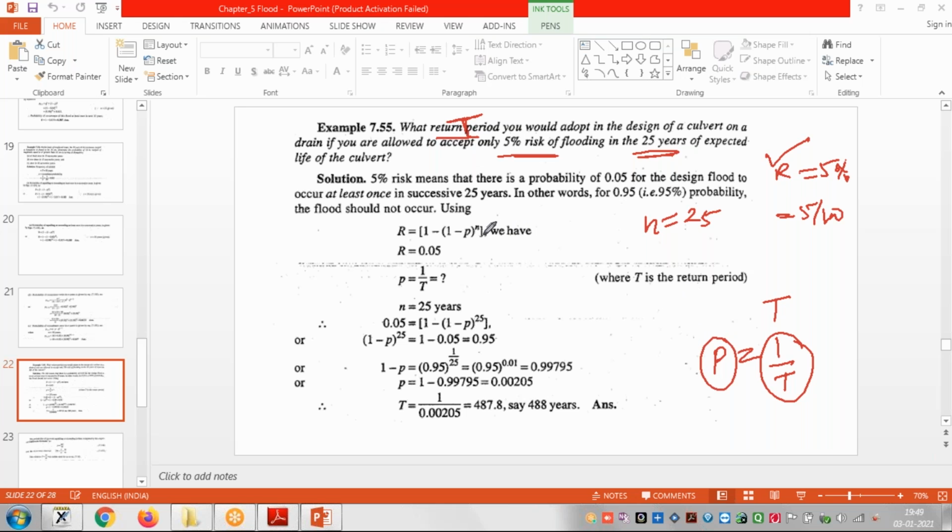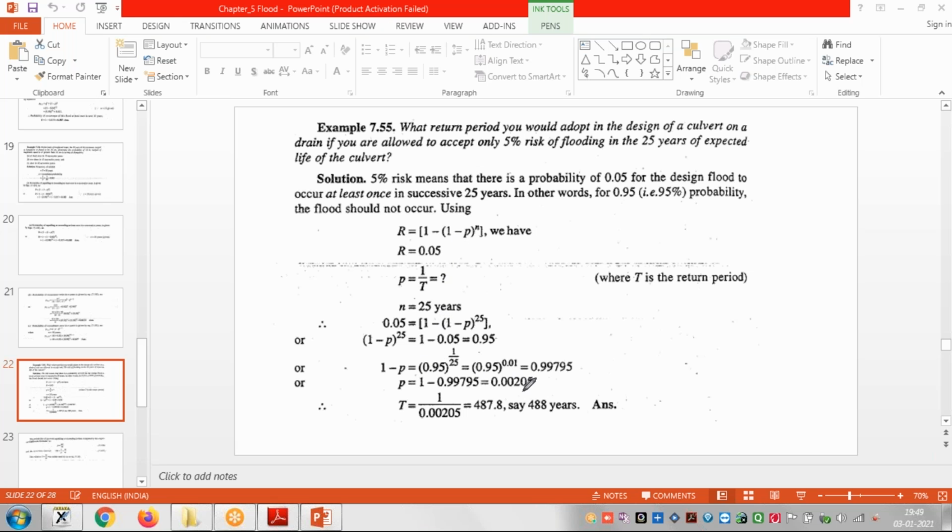So through that we will get the value of p. Once we get the value of p, we will put this value here, and n value we already know is 25 years. So here you can see step 1 is p is equal to 1 by t, and n is equal to 25 years. Then we will put these values in our formula. The risk is already given, so we will put all values in our formula and we will get the value of this return period.